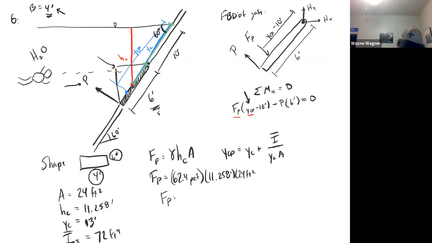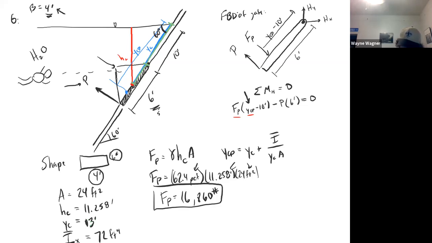So FP equals, we get a pretty big number, which is not unsurprising, 16,860 pounds. Again, we've got feet cubed and pounds per cubic foot, so we get pounds. We're in pretty good shape here.